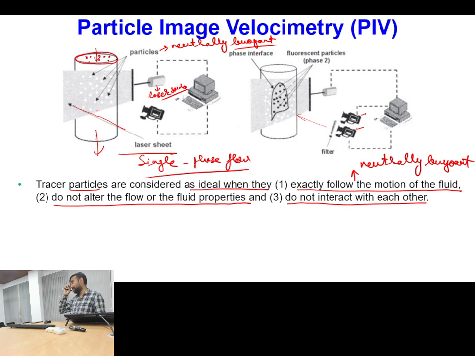There should not be any loss of particles by coalescence, or splitting of a particle into multiple particles, because that will give you errors in your measurements. So these are the three conditions for tracer particles.